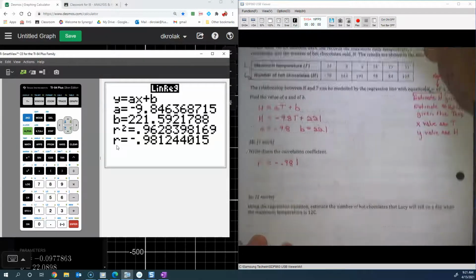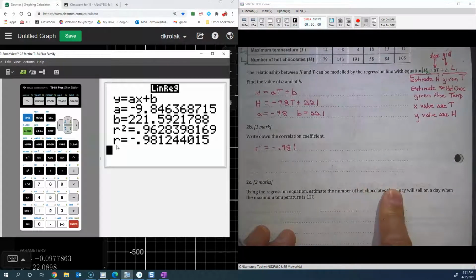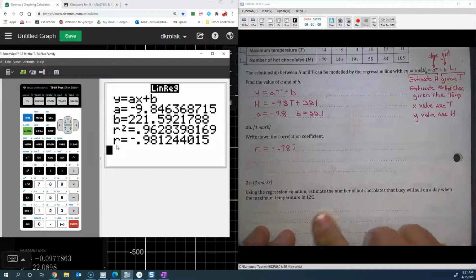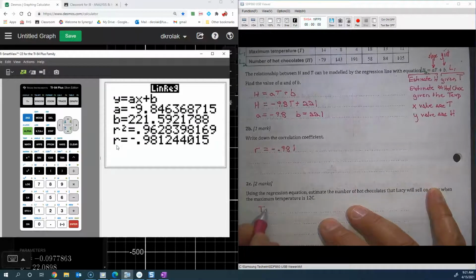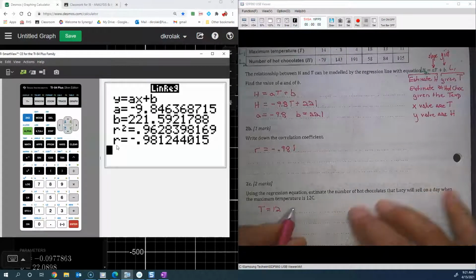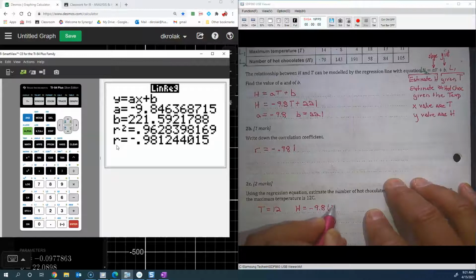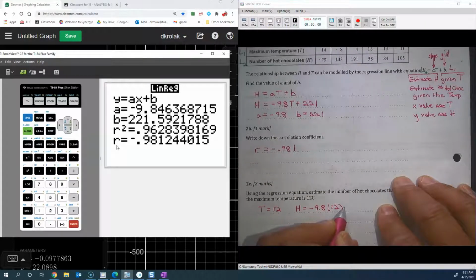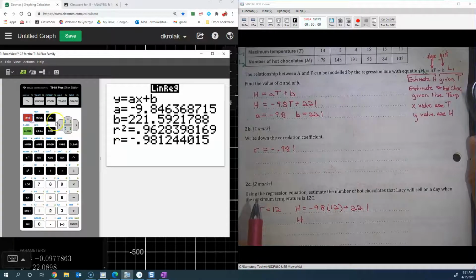Okay, and then it says use the regression equation to estimate the number of hot chocolates Lucy will sell when the temperature is 12. So I'm going to let T equal 12. I'm going to take the equation that I got in number 1 and plug 12 in, and run that through my calculator.